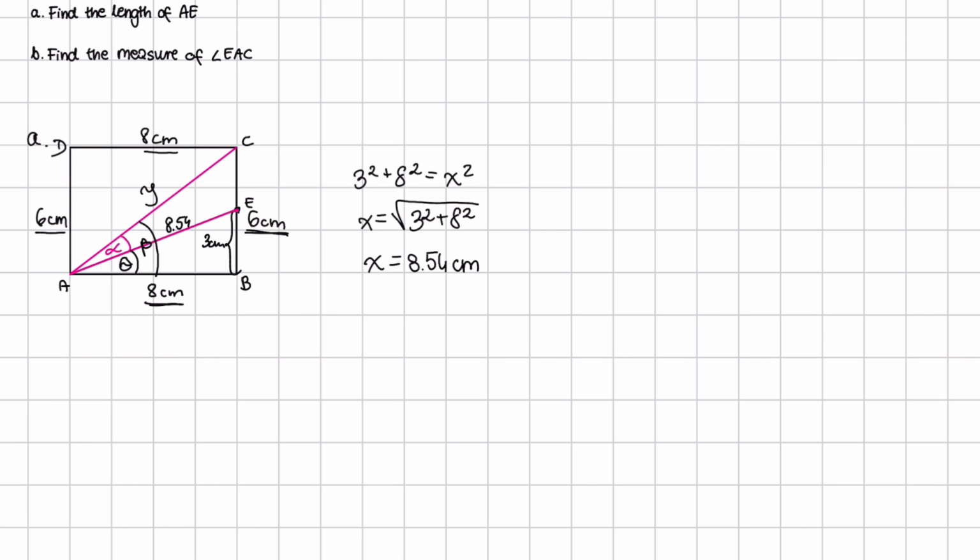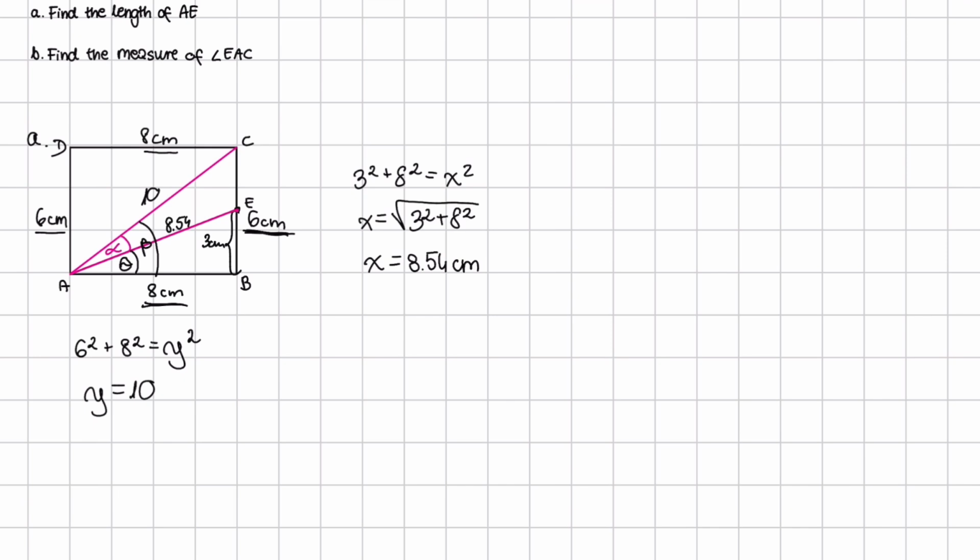So 6 squared plus 8 squared, so these both sides, and here our hypotenuse, so it equals y squared, and we have to calculate our y, and it is basically just 10. Okay, so our y is 10, so we know all the sides of this triangle ABC.